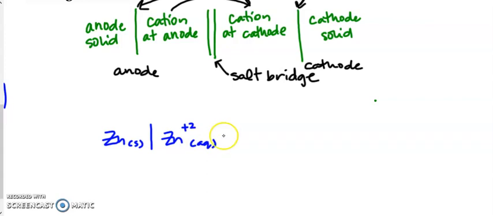Okay, then we have our salt bridge. Then our cation in our cathode is that copper plus 2 aqueous. And then our electrode on the cathode side is our copper solid. So this is your cell diagram notation for this particular voltaic cell.